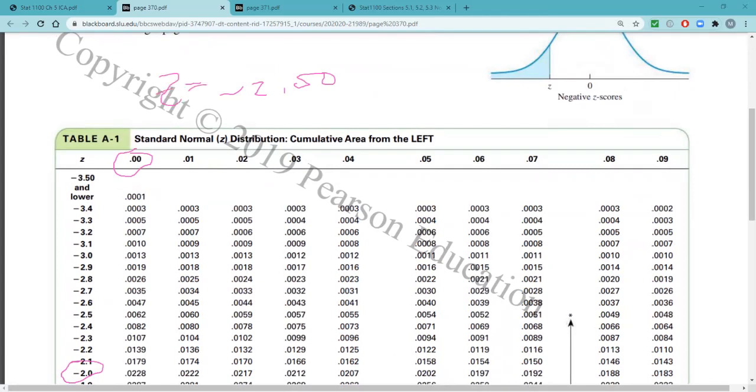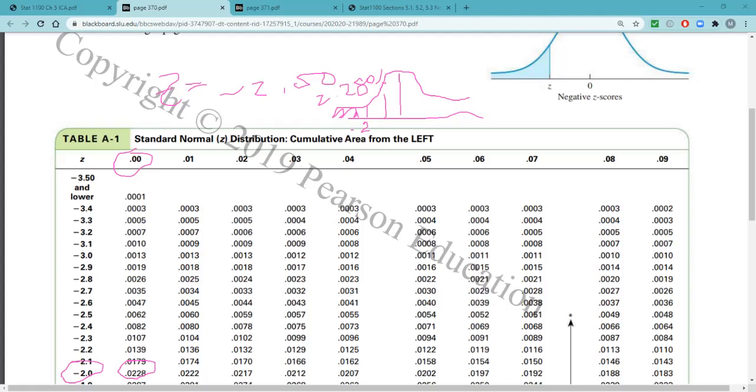Notice when we go to this table, now we have the area to the left of -2, giving us a value of 2.28%. We could be asking ourselves, why is this different? Why before did I have 2.5 and now I have 2.28?